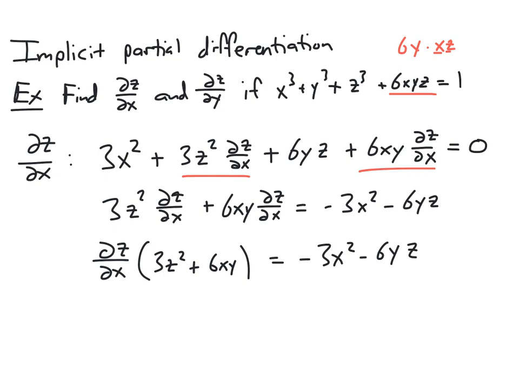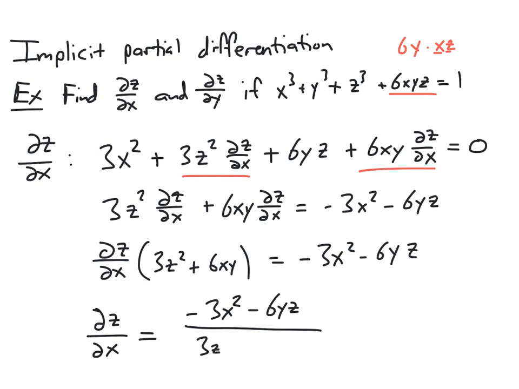And then to actually solve for del z del x, which is what we're trying to do, we just divide both sides by this quantity 3z squared plus 6xy. So our partial derivative del z del x is going to be negative 3x squared minus 6yz, all over 3z squared plus 6xy.